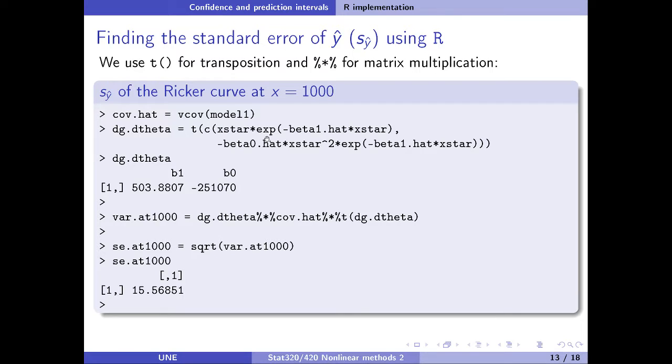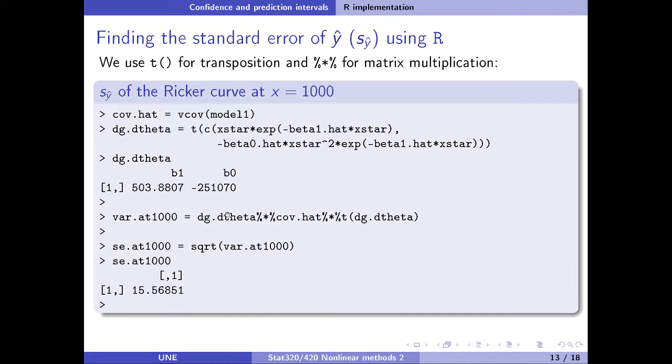If you forget to do the transposition right here, but everything else was the same, when you say var.at1000, you put in this matrix multiplication, you're going to get an error message about non-conformable arguments. That simply means that you've got your row and column vectors mixed up. Once we have the variance, which should be a matrix with one row and one column, which is essentially the same as a scalar, we can then get the standard error at 1000 by taking the square root of it.